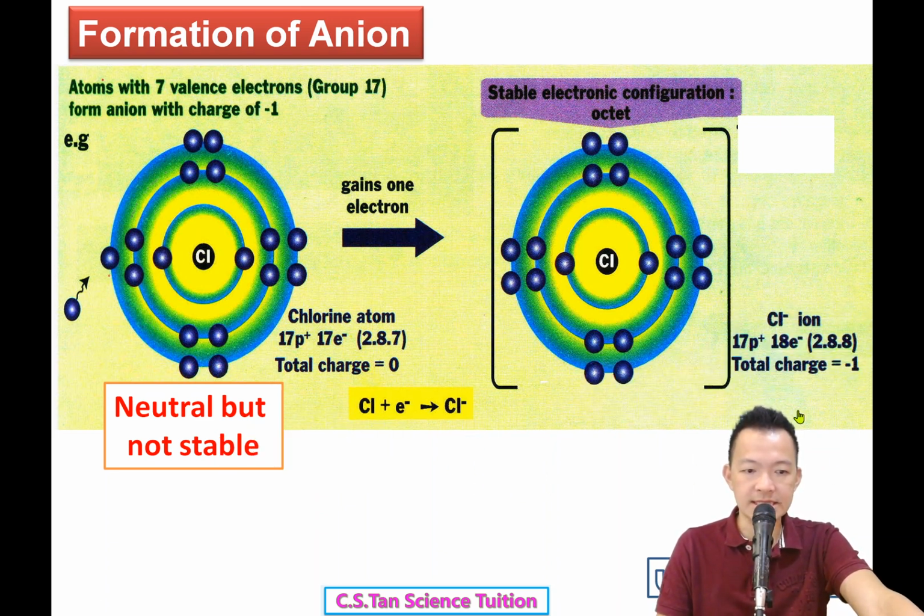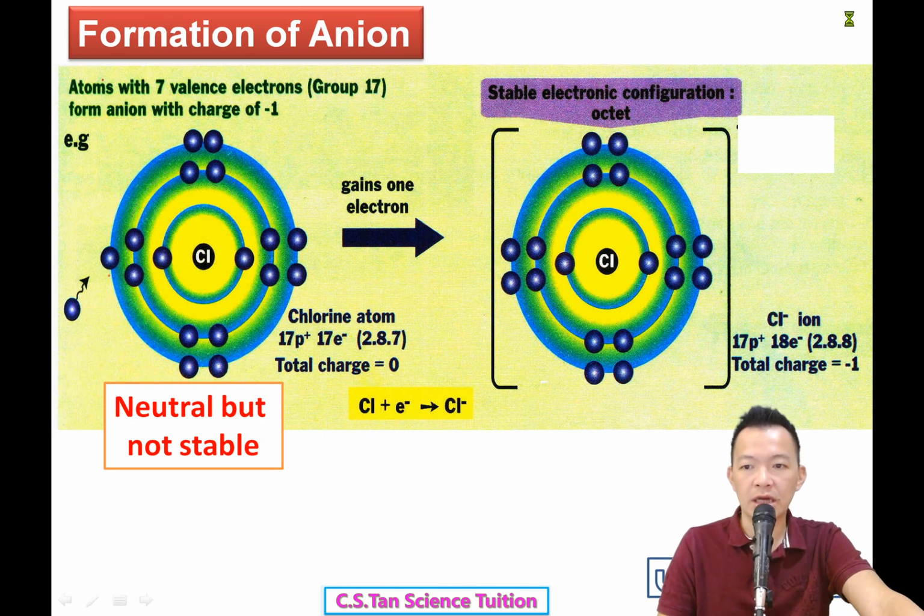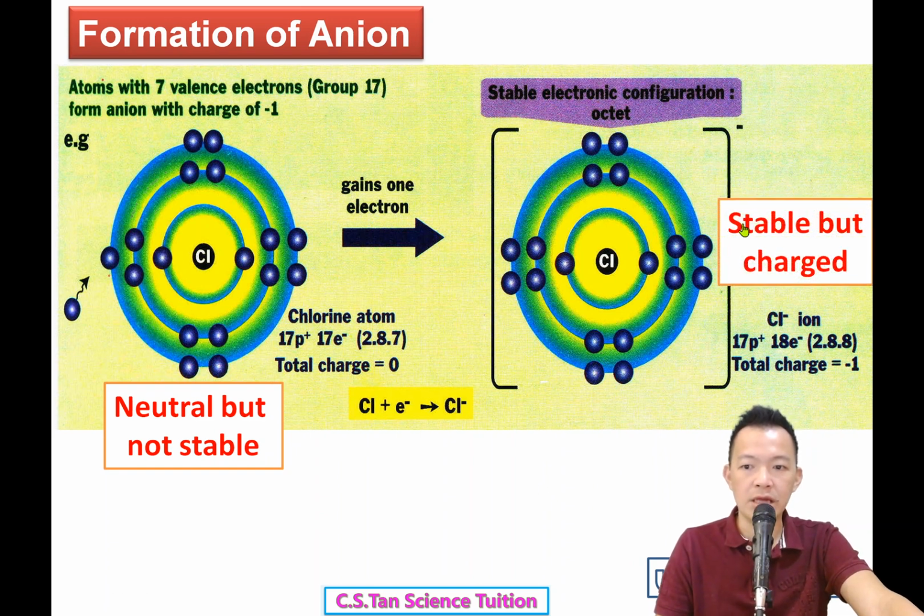Now you can see 17 protons join with 18 electrons. So finally it becomes charged, with 1 more electron, so the charge is negative. But what happened to the chlorine atom? When it becomes charged, at the same time it becomes stable.